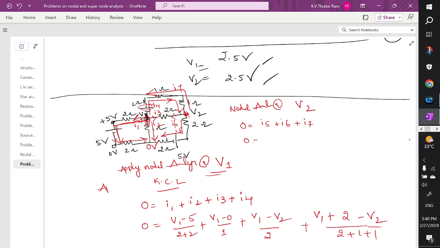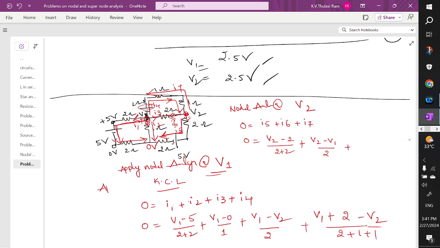So 0 is equal to, how to write down I5? Current is leaving. What is the leaving polarity? High potential V2, and V2 minus 2 divided by R, which is 2 plus 2. How to write down the current I6 in this branch? V2 minus V1 divided by 2, plus.